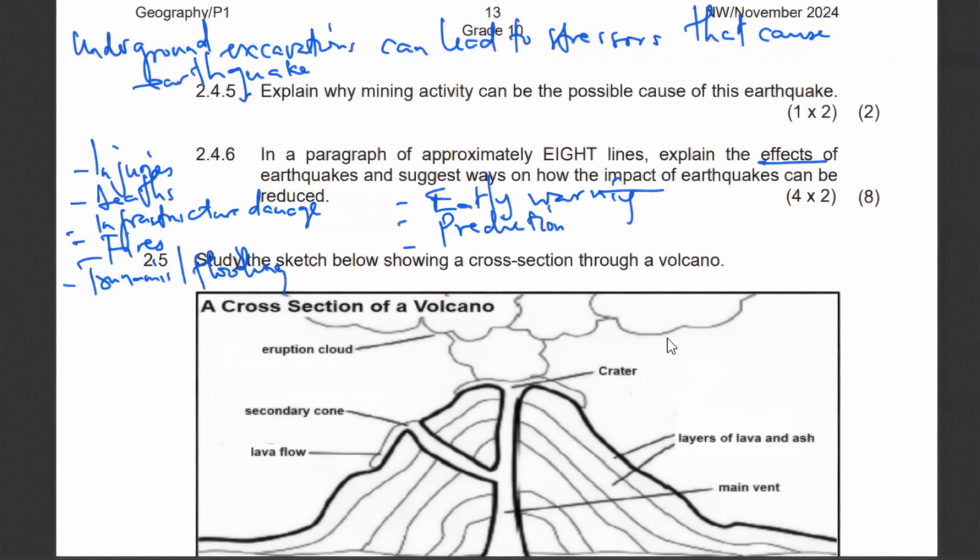Then we can also look at use of strong building material that can resist minor shock waves. We can also look at educating people. People need to be educated on how earthquakes must be prepared for and how people must take precautionary measures.